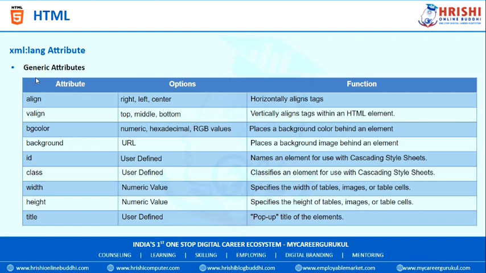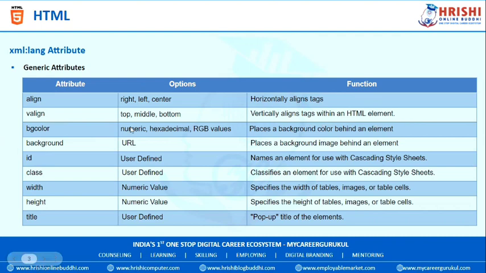For example, align is the name of an attribute which has options as right, left, and center, and functions like horizontal align tags. Then valign has options top, middle, and bottom, which is used for vertical align tags within an XML element. Now bgcolor options are numeric, hexadecimal, RGB values, which is placed as a background behind an element.